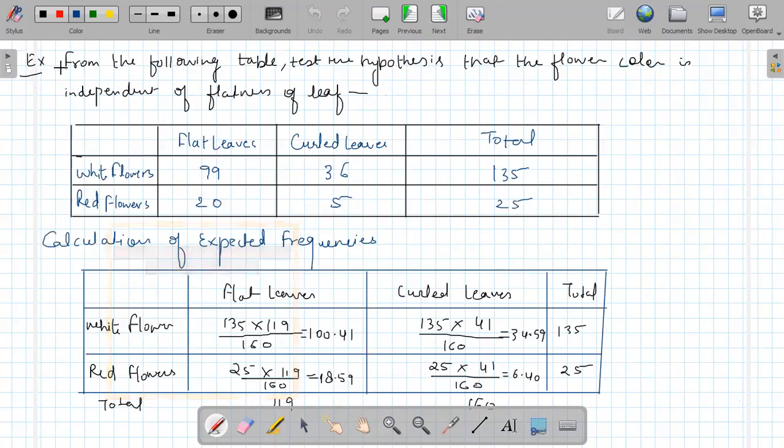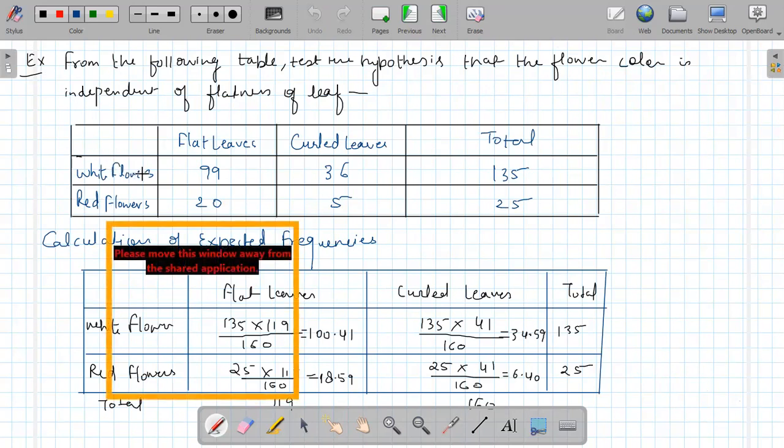The problem is: from the following table, test the hypothesis that flower color is independent of flatness of leaf. This is the flower color and this is the leaf flatness: flat leaves, curled leaves.